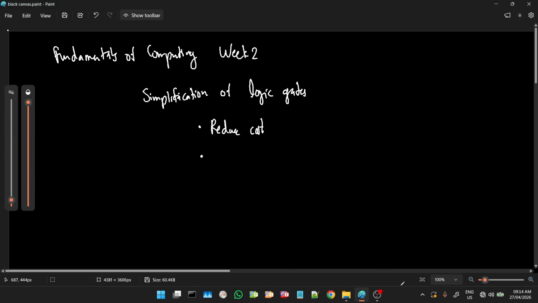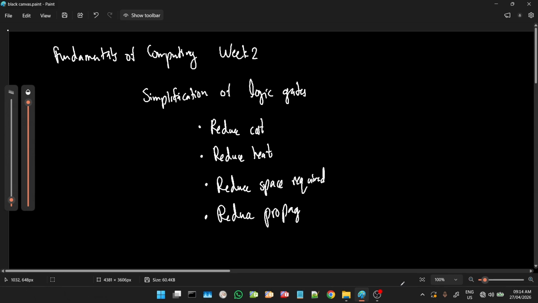But that is not the only benefit we can have. We can also reduce the heat inside circuits. We can also reduce the space required and put much more needed stuff in that place. We can also reduce propagation delay.